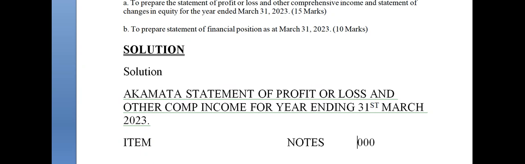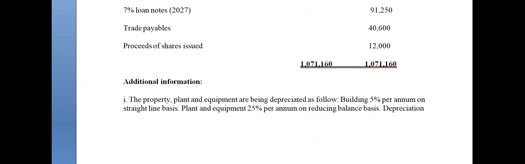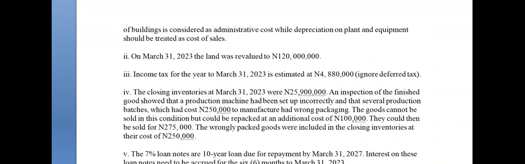I told you in the last class that you must always show us the rounding off figure and then the currency, and it's in Naira, I guess. So are we rounding off this figure to thousands or should we do million? I will advise you, whatever they give you, use it in your exams. Thank you. So let's go.